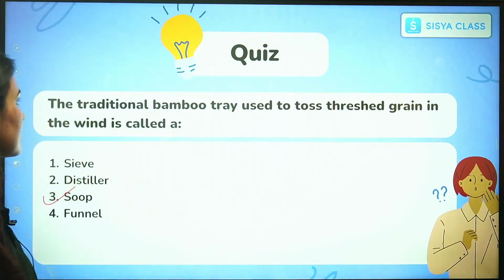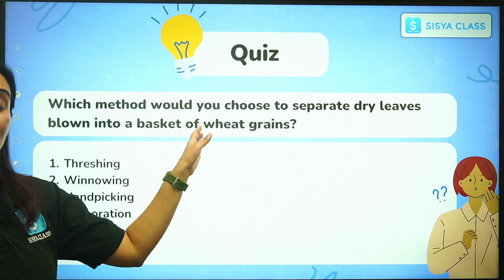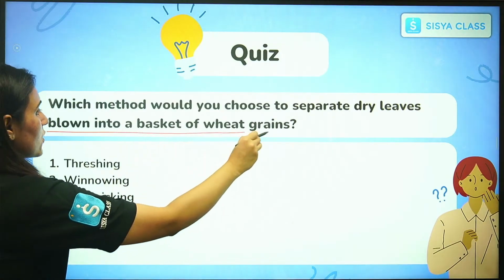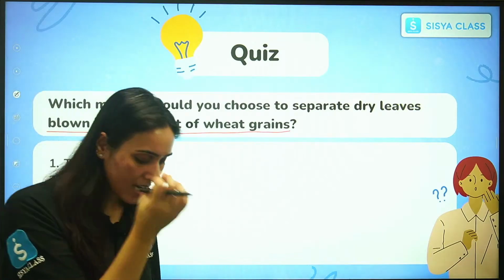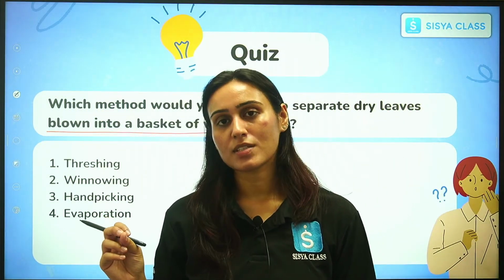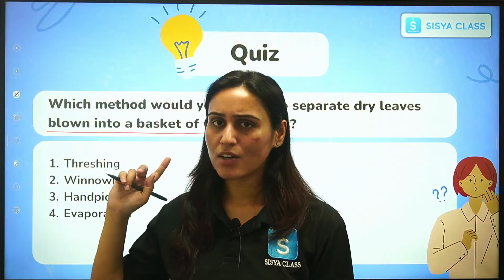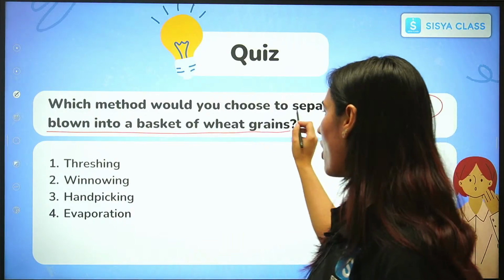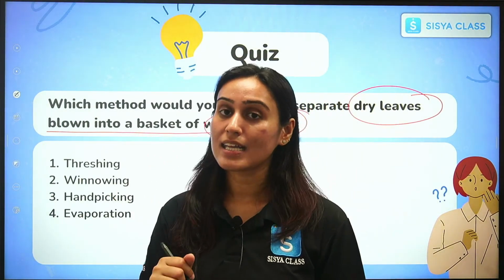Okay, nice. Now, which method would you choose to separate out dry leaves blown into a basket of wheat grains? Just like you were separating out husk from your wheat grains, right? What was the principle you have used there? The difference in density, the difference in mass. So in here also, if you are trying to separate out dry leaves from your grains, the grains are heavier, your dry leaves are lighter.